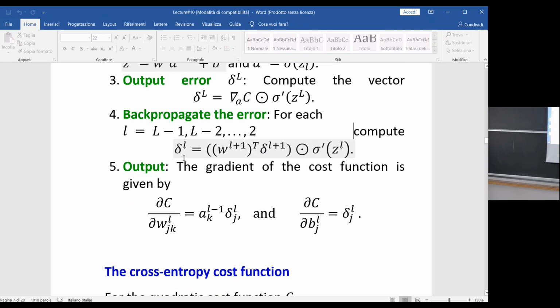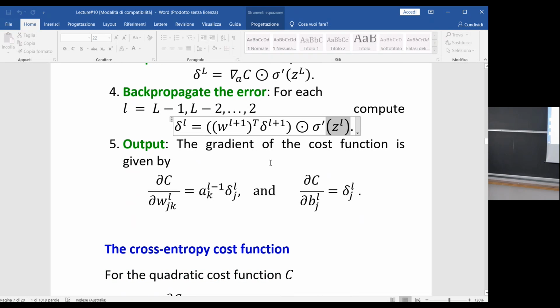For backpropagation the formula is delta L equals W^(L+1) transposed multiplied by delta^(L+1), the error parameter, then multiplication by sigma prime, the derivative of our activation function.